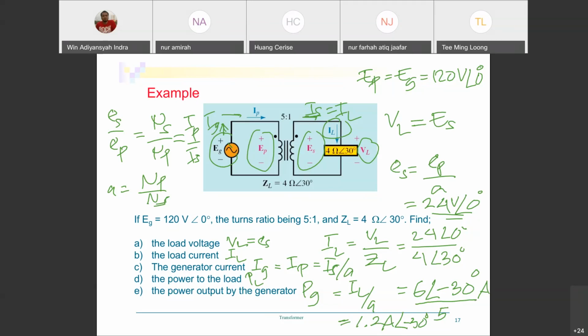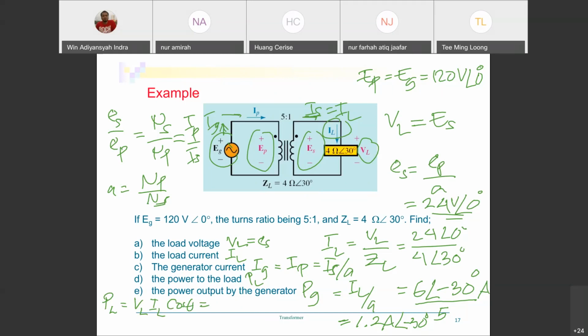D, power to the load, PL. Check the formula later, the formula is there in the slide. VL, IL, cos theta. VL, from A we have VL. IL, from B we have IL.